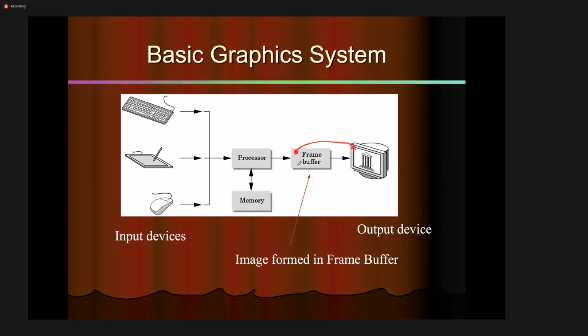Now, you may wonder where this frame buffer is. Normally, the frame buffer stores that data. If you take a normal computer, you have a cable to the display device, right? It may be a VGA cable, a DVI cable, or an HDMI cable.